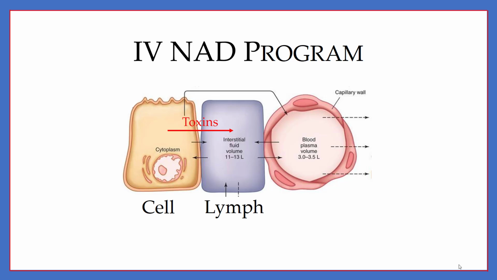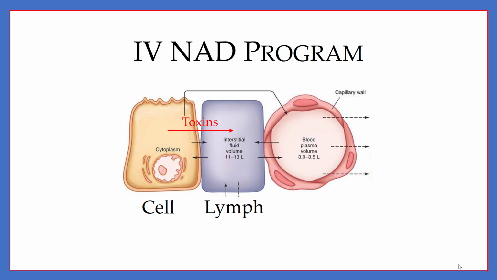It can also go from the lymph into the bloodstream, but most of these residues come out into the lymph. The NAD is really essential. I don't know of any other way that can be as effective for detoxification of all these residues from the interior of the cell. They are then excreted from the cell and go into the lymph fluid.